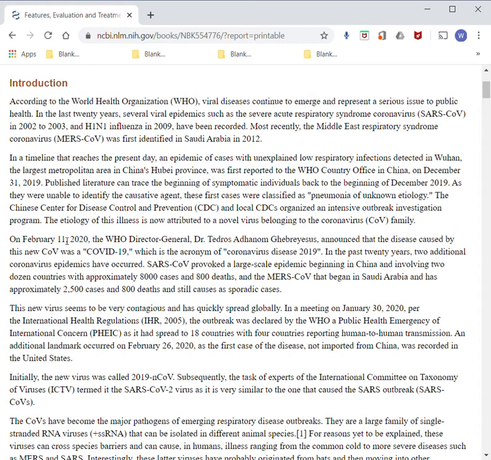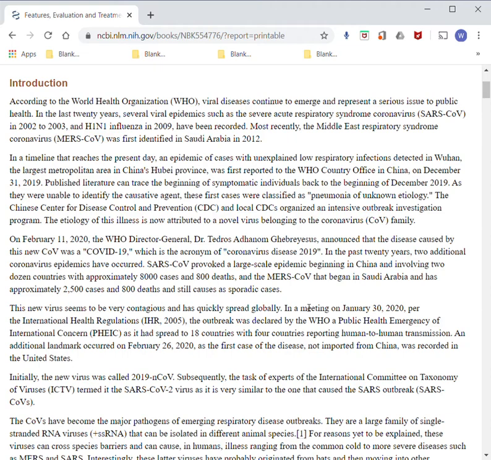It says on February 11th, 2020, the World Health Organization director announced that the disease caused by this new coronavirus was COVID-19, which is the acronym of Coronavirus Disease 2019. So COVID-19 stands for Coronavirus Disease, and then it's actually giving the year 2019.